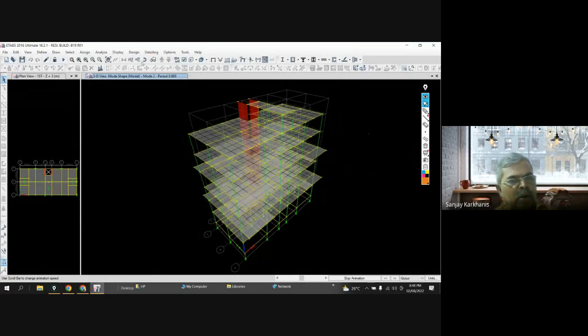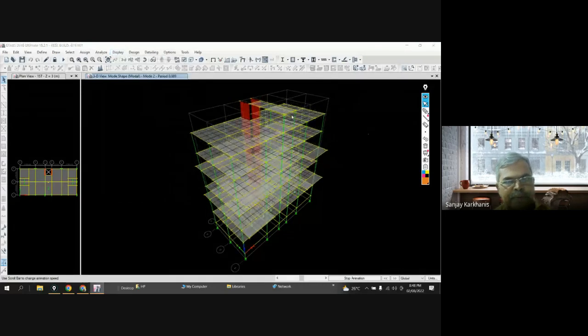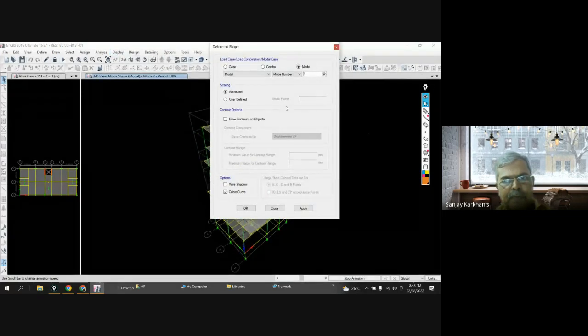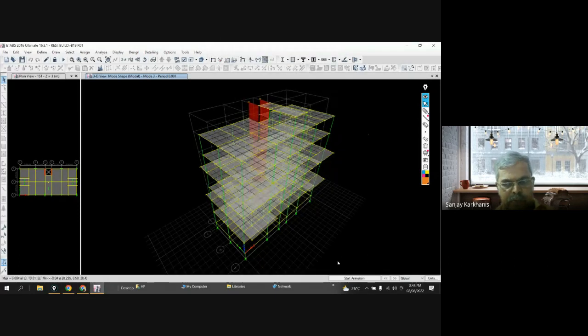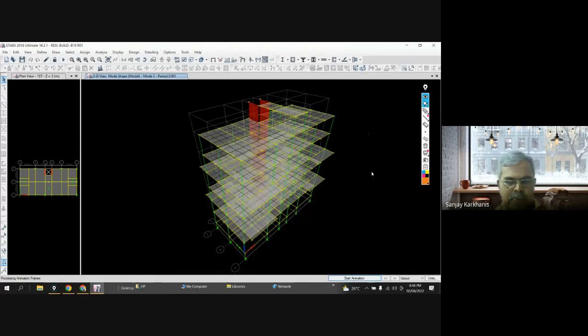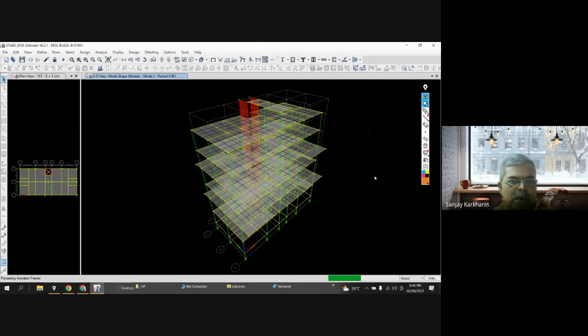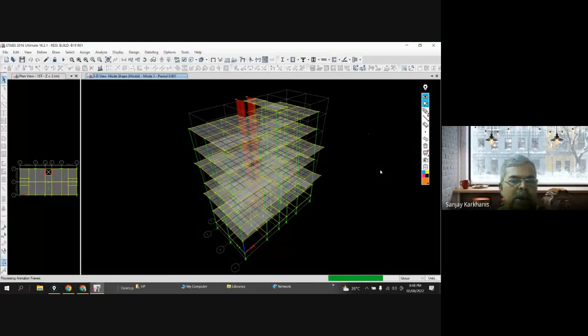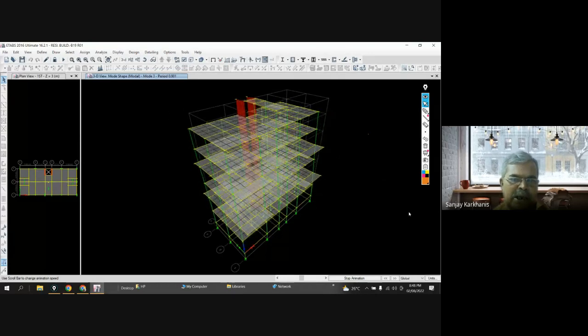And now third mode. Let us go for third mode. See, in our earlier case, the third mode was a mix in x and y direction. Now it is purely in y direction.